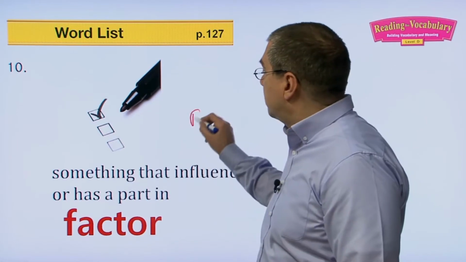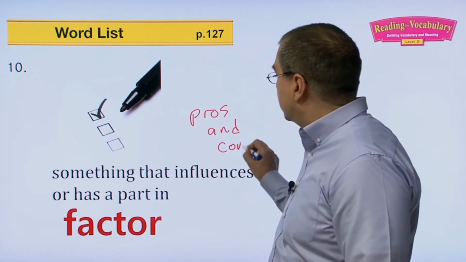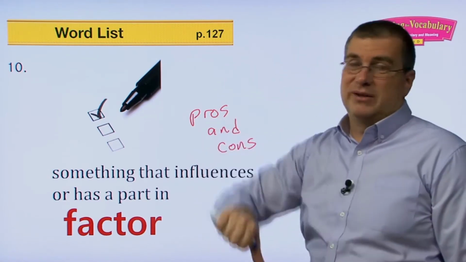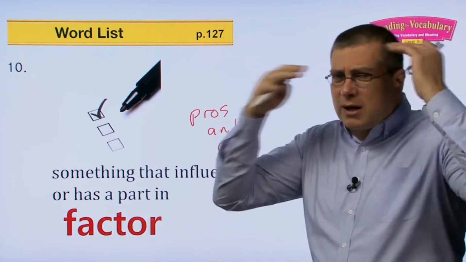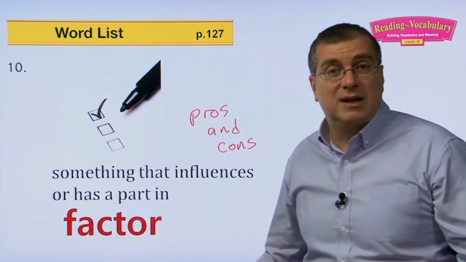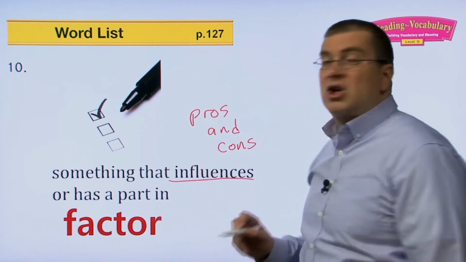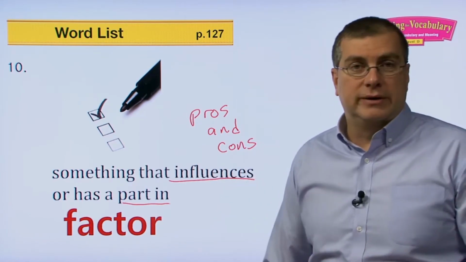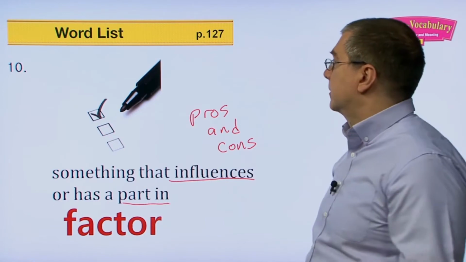We call those pros and cons, right? Pros are good points and cons are bad points. These are all the factors that we use. We think of all these things when we consider something. So they're all the things that influence our choice or have a part in our choice or the result of something. Those are factors. Okay, next one.